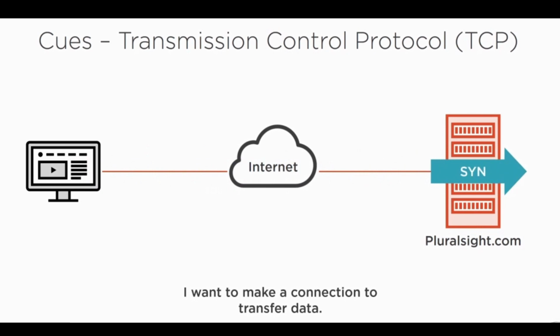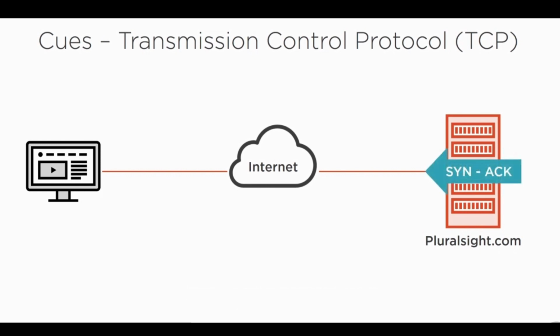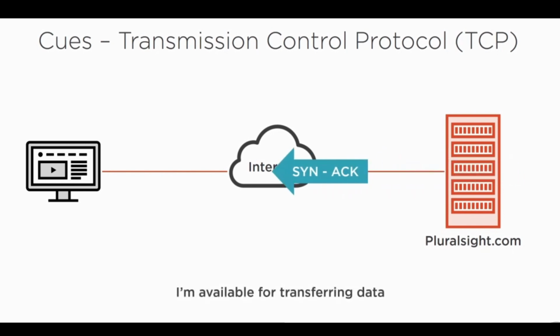What that synchronization message does is it says to the web server, Pluralsight.com in this case, "I want to make a connection to transfer data." And the server says, "Yeah, I'm available for that." So the server will generate a message called a SYN-ACK to acknowledge the synchronization message, telling the workstation, "Yeah, I'm available for transferring data."